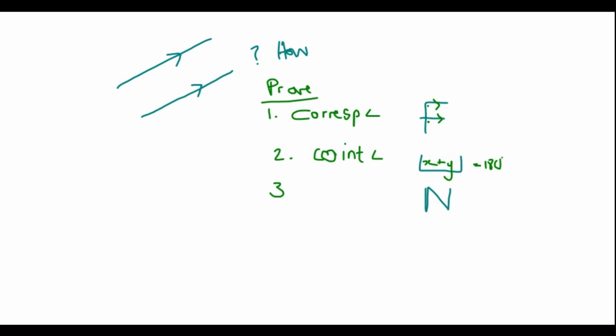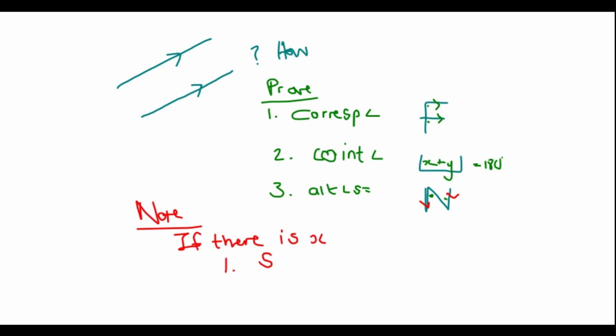And the third way we could prove this is by saying, if I have two alternate angles that are equal, then it must be that these lines are parallel. The only note that I want to make is that if there is an x, an unknown, or any unknown, you first need to solve for x.